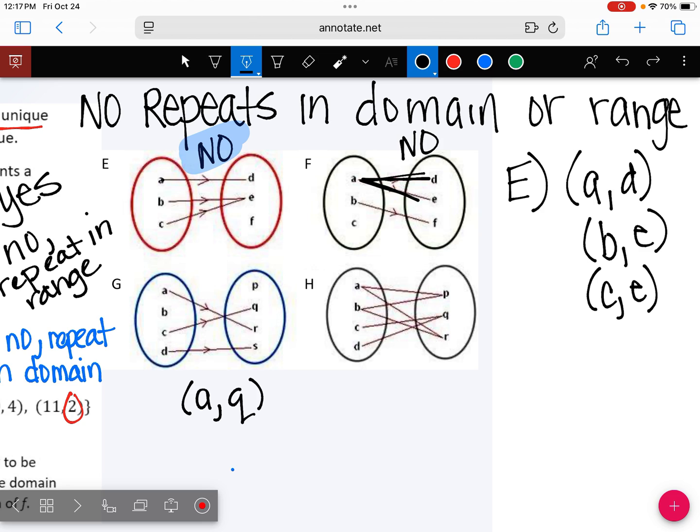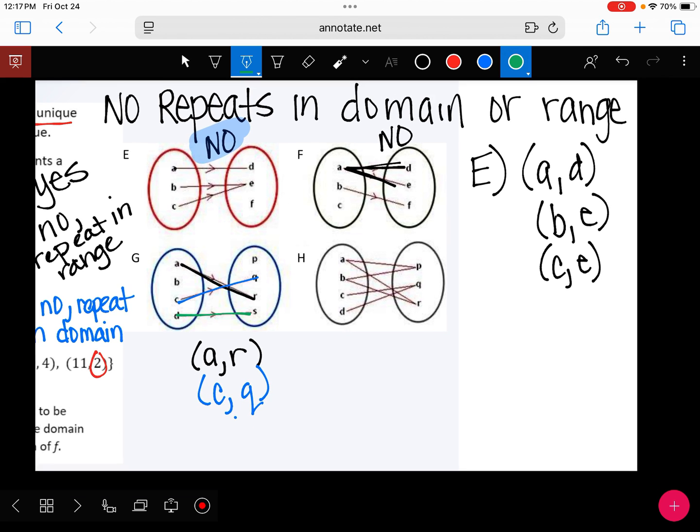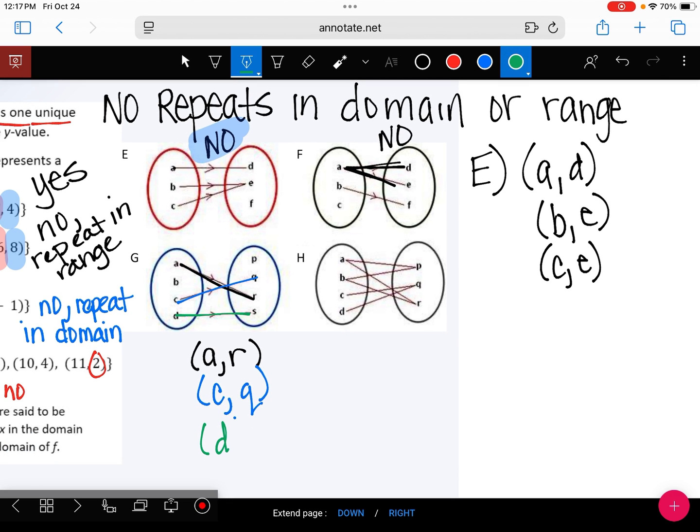So it would be A, R, then my next one would be C to Q, and then the last one would be D to S. So do I have any repeats? So that would be a yes. So this is a yes.